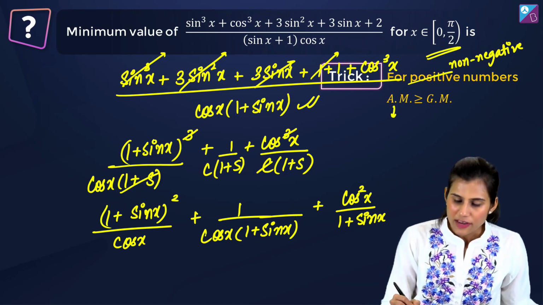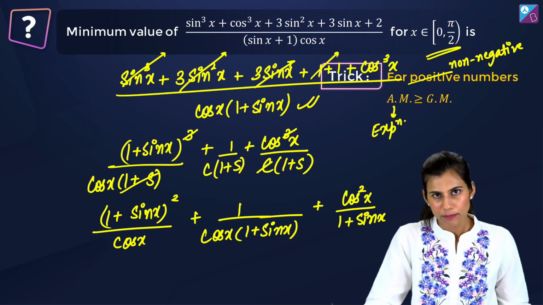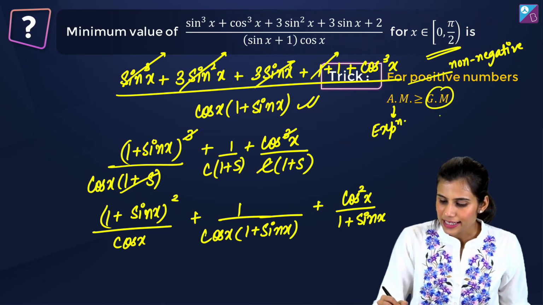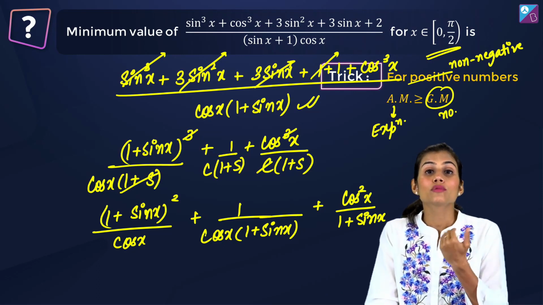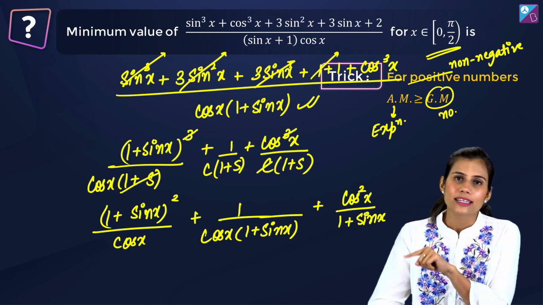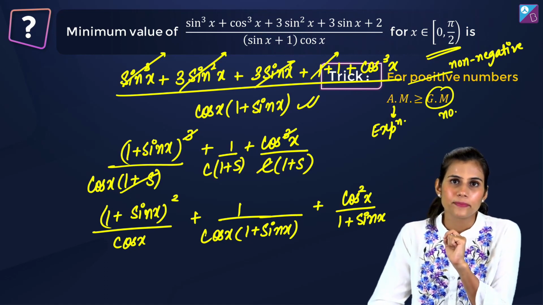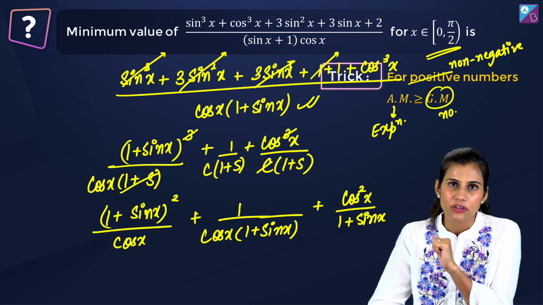So if on the left hand side I somehow create my expression whose minimum value I want to compute, and on the right hand side I get some number, what will I get? That the expression is greater than or equal to that number. That means the expression is at least that number. So that number is the minimum value of my expression. That's how AM greater than or equal to GM helps us get the minimum value of a particular expression.